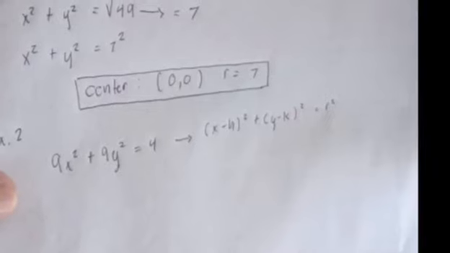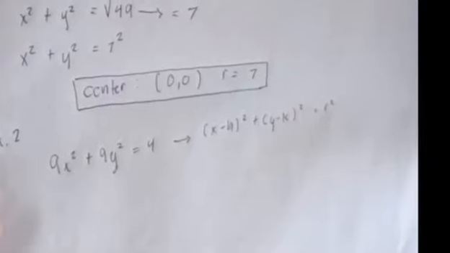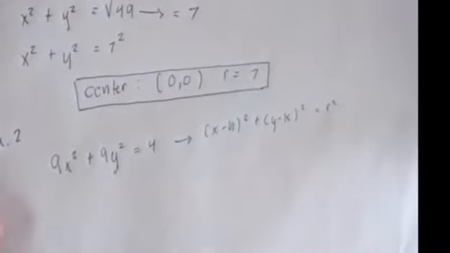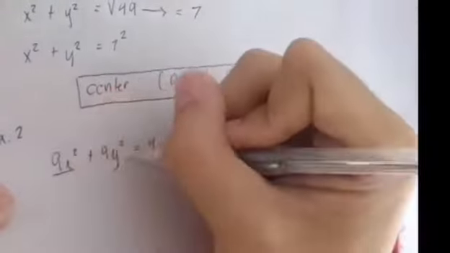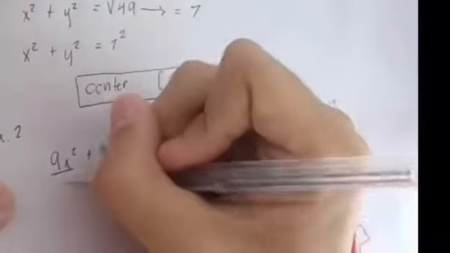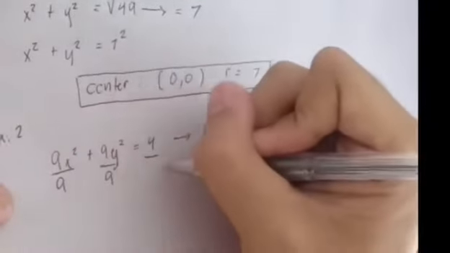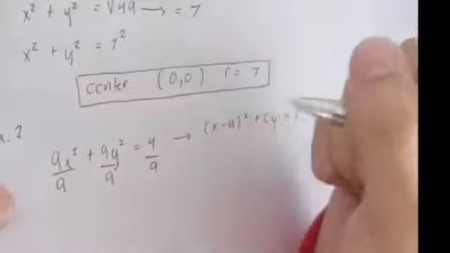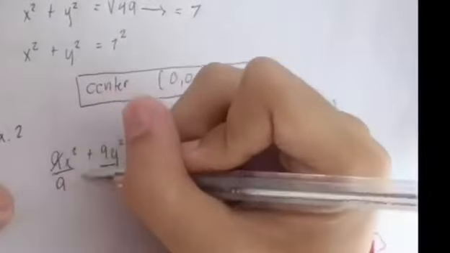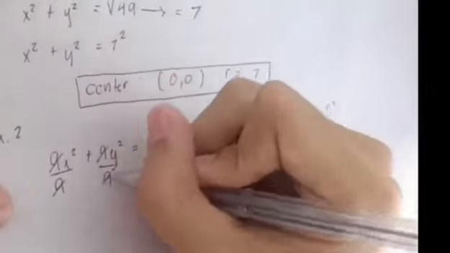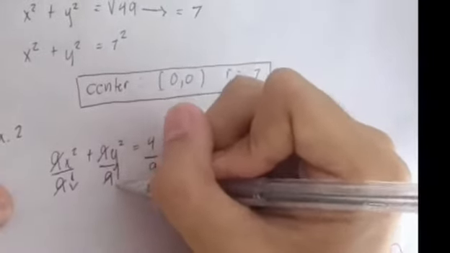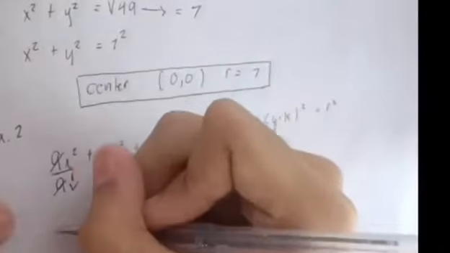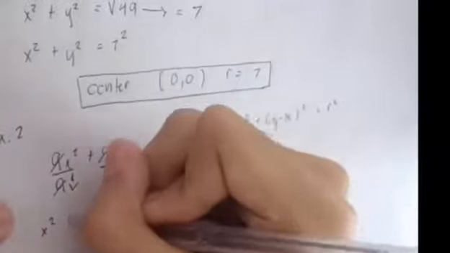So we will remove that, so our coefficient will be 1. What we are going to do is divide both sides by 9. So in this case, we can cancel the 9 on x squared and y squared, and it will become x squared plus y squared.